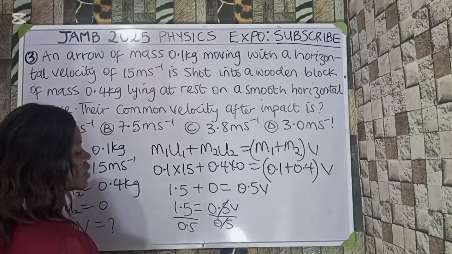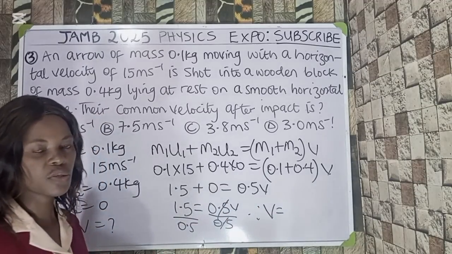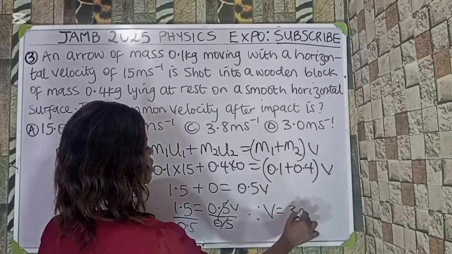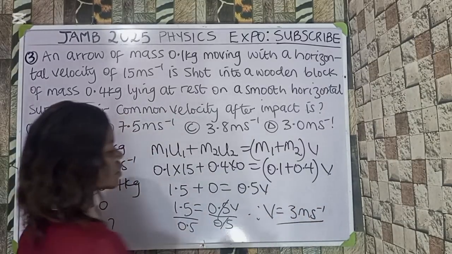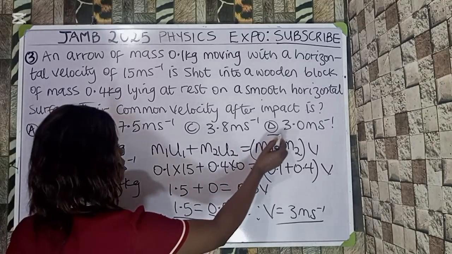This cancels this, okay? Therefore, my common velocity is 3 meters per second. Now looking at the options provided, the correct answer to this question is option D.